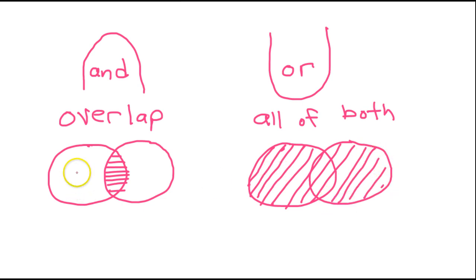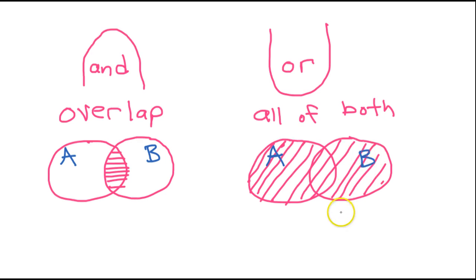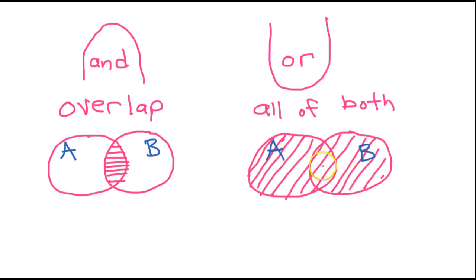Okay, now let me change colors a little bit. Let's call this set A and this is set B. Same here. This is set A and this is set B. There's a formula for or that goes like this.